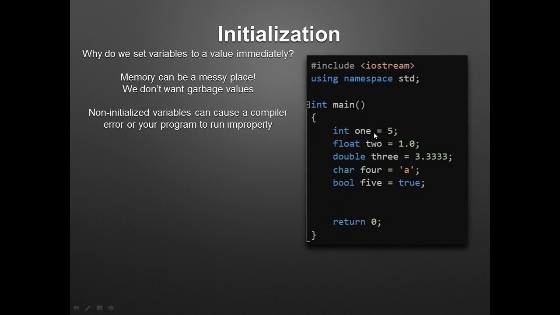So a little bit more about initialization, which is to give a variable a starting value right from its declaration. That's what initialization is, because memory can be a messy place. When you open up this container, anything that is left over is assigned to that variable. What do I mean by leftover?